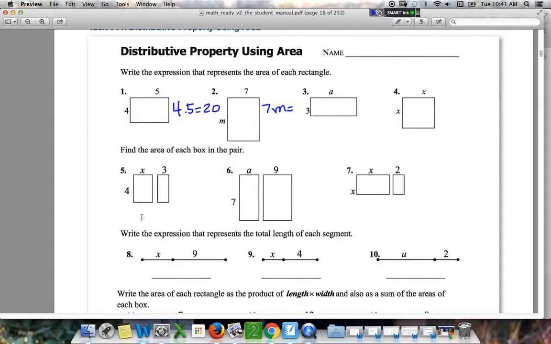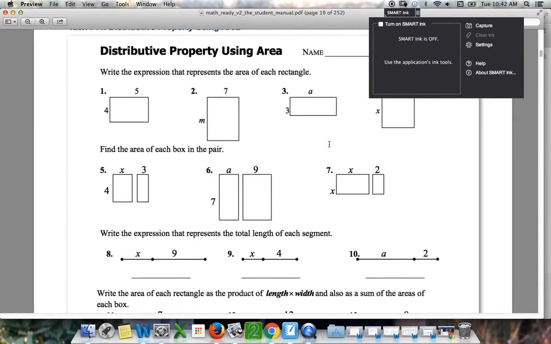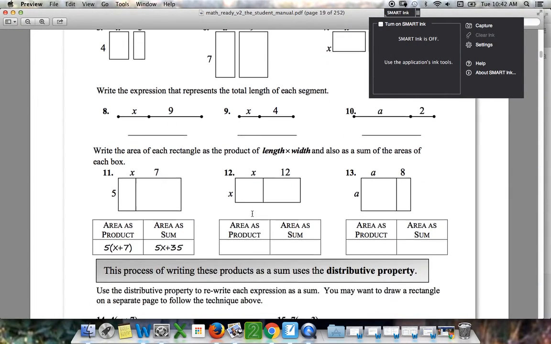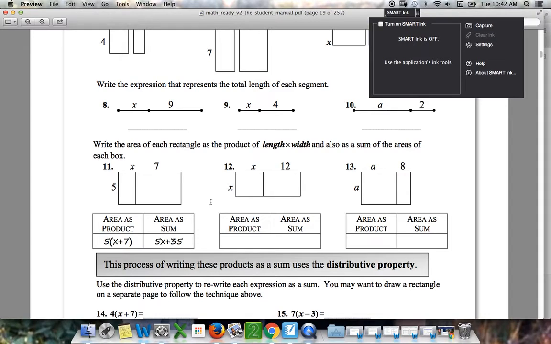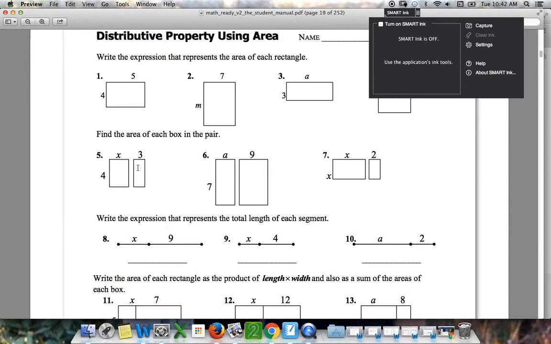Find the area of each box in the pair. So this area would be x times 4, and this area would be 4 times x, or 4 times 3. And I would add those together in order to get the total area of those. What that is leading to is this. Instead of doing 2 boxes how up here they're separated.